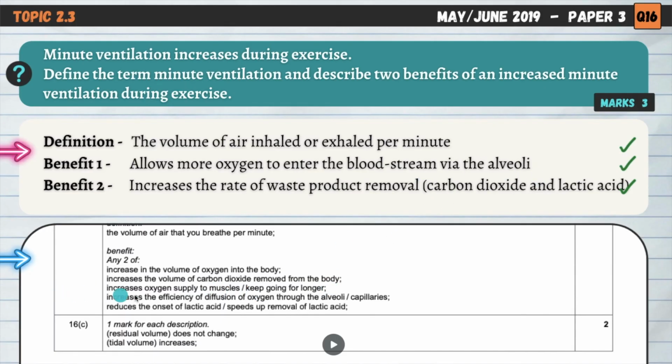It increases oxygen supply to the muscles, because of course if we're breathing more air in, then we're going to have more delivered to our working muscles, and that allows us to keep going for longer, particularly if we're an aerobic athlete. And then it increases the efficiency of diffusion of oxygen through the alveoli, or the capillaries, and it reduces the onset of lactic acid, or speeds up the removal of lactic acid. So a few points you could have included there as well.